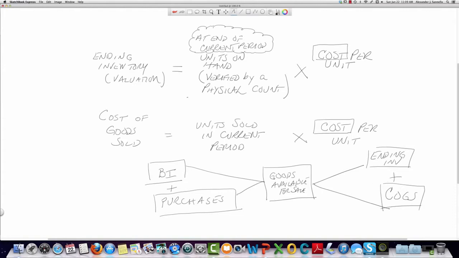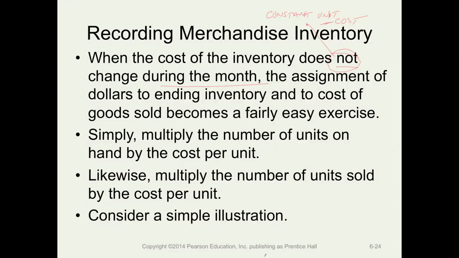Now, the inventory allocation problem arises when unit costs are different. So if you bought beginning inventory at $4, and if you have purchases at $5 or $6, there are going to be questions as to what goods are in ending inventory and what goods have been sold. But when there's a constant unit cost, then there's absolutely no inventory allocation problem.